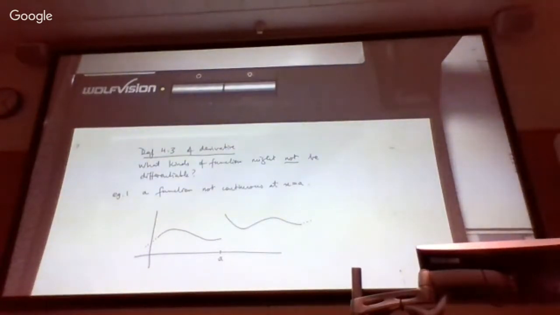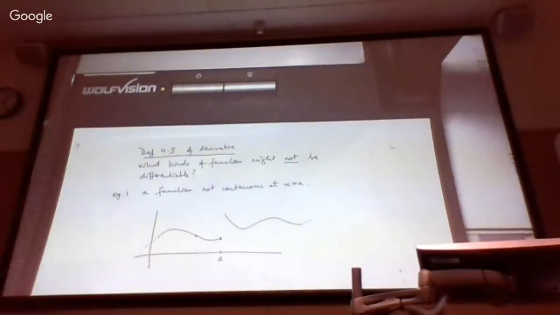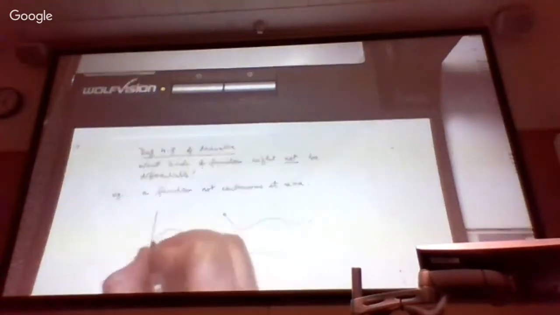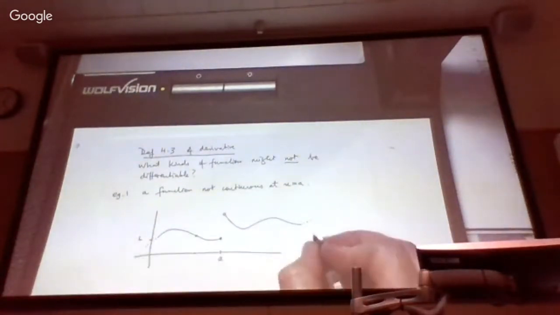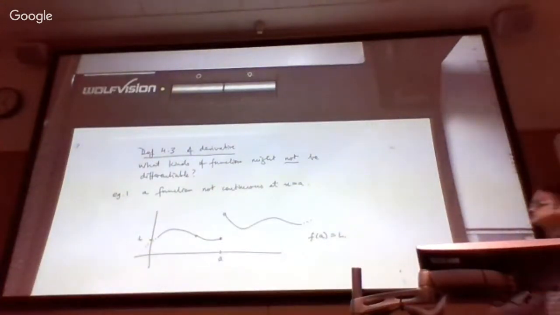Well, if you look at what might be happening to the chord lines either side of this point, you see? The chord line from f of a, let's suppose that f of a actually has this lower value here. So we've got an open circle up here. This value here, so f of a is equal to L, this lower value down here.